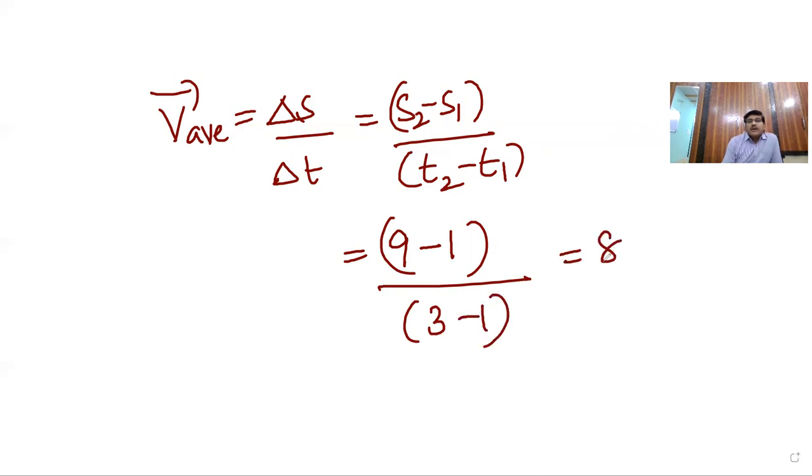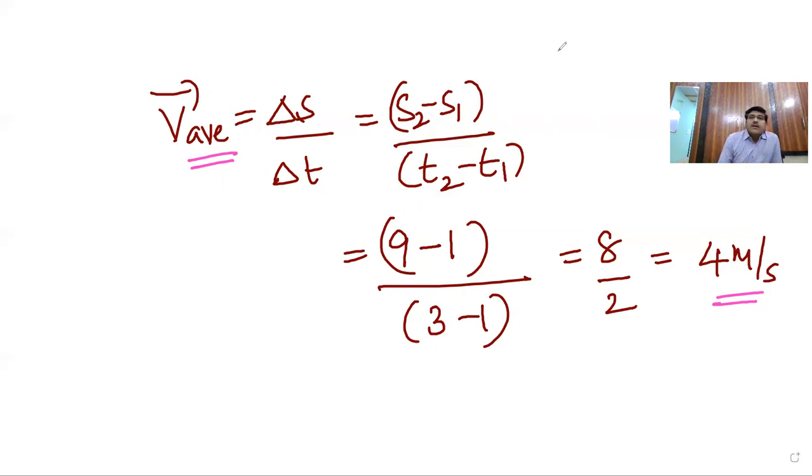So 8 by 9 minus 1, that is 8 by 2, which is equal to 4 meter per second. Average velocity is 4 meter per second in between A and B. Okay? Change in displacement in between A and B divided by change in time in between A and B.